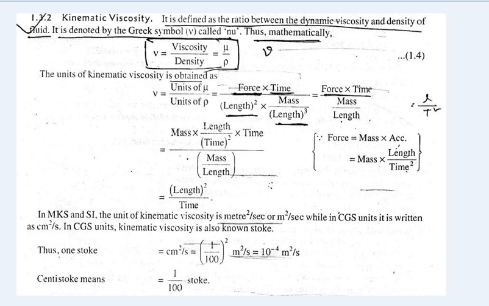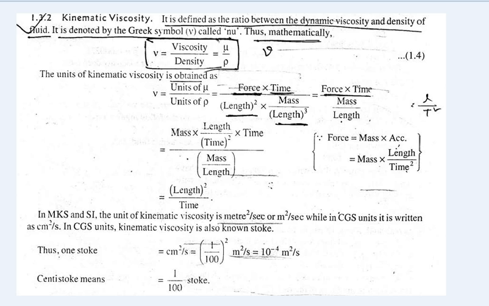So ultimately, after simplifying this equation, you will get length square by time. Length square means meter square, and this is second. So the unit should be meter square per second. That is the unit of the kinematic viscosity.